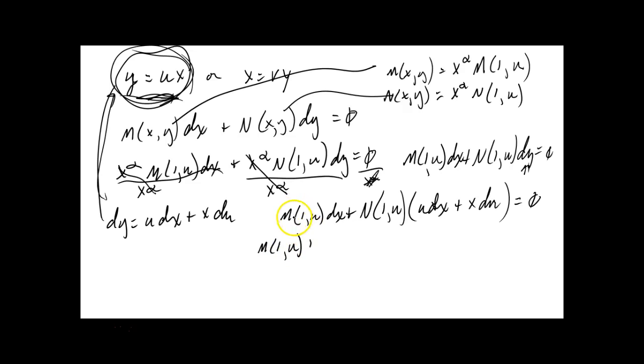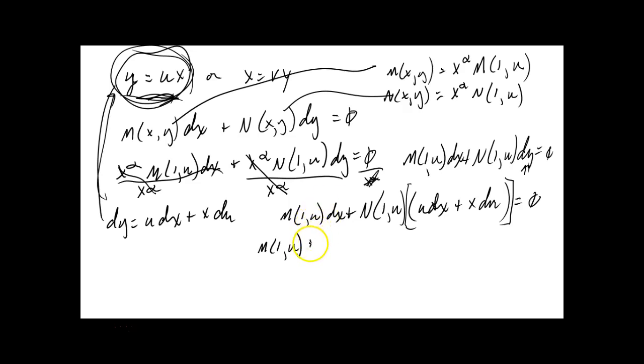This 1 is multiplied only by the n. It may have looked like it was a binomial, it's not, okay? Only by the n.